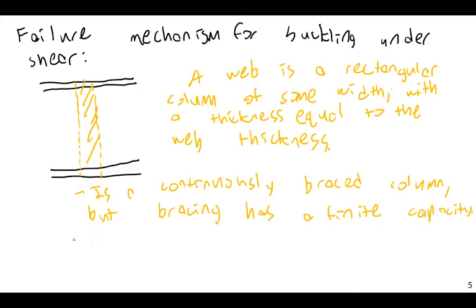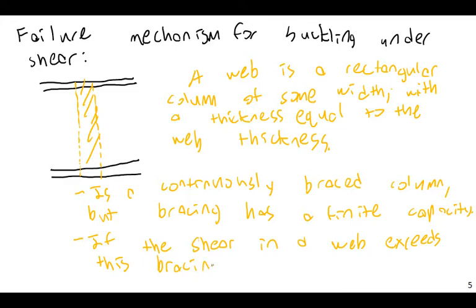If the shear in a web exceeds this bracing capacity, the web will buckle. I'll discuss this in the context of beams, but the same thing is possible for columns.